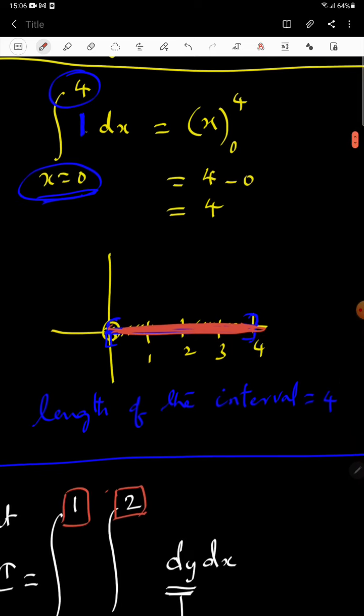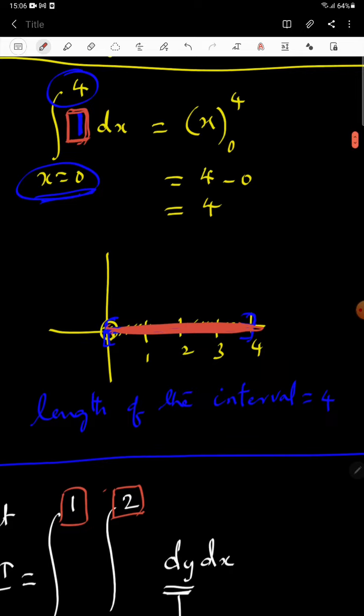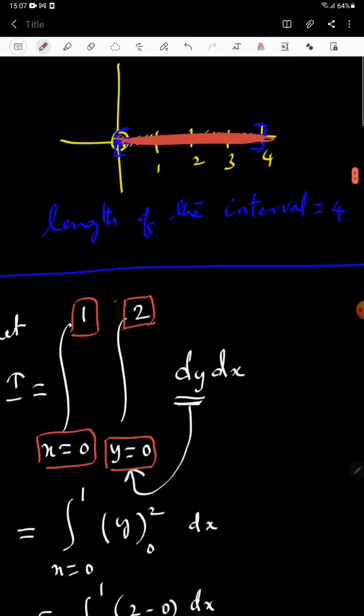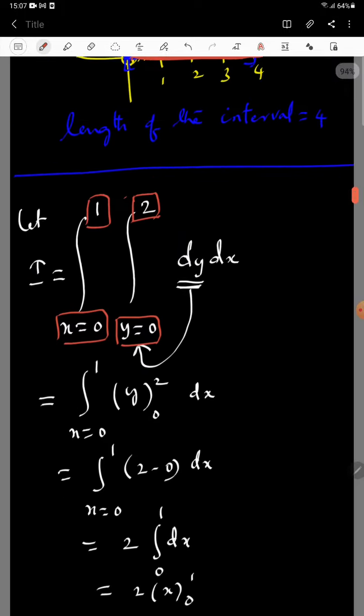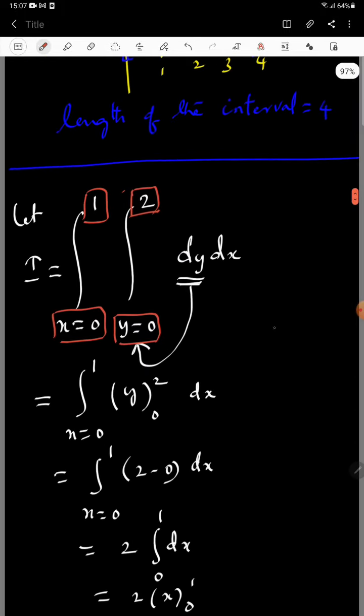If there is nothing inside, I mean if there is just 1 here, which means the integrand is 1, at that time the length of the domain or region will come. If nothing is there here in a double integral, it will come as the area. Now you just verify this concept, how it gives the area.